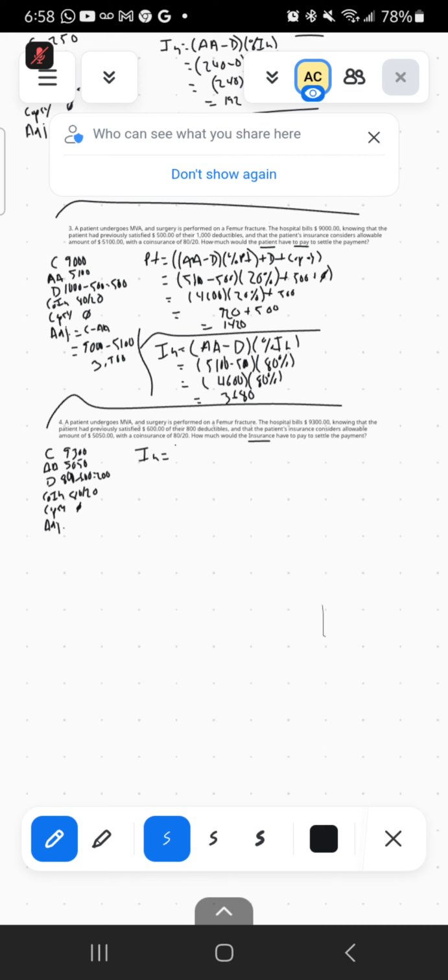So the insurance will pay the allowed amount minus the deductible, times the percentage for the insurance. The allowed amount is $5,050 minus the deductible that we calculated to be 200, and then we're going to multiply it by 80%.